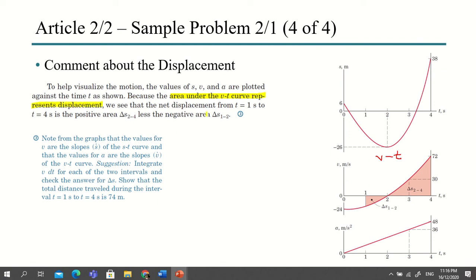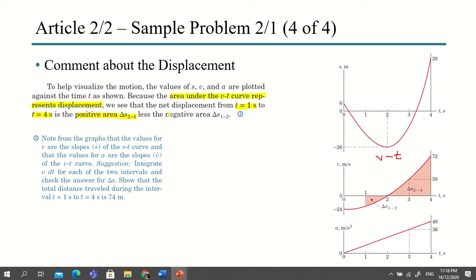So we see that the net displacement from t equal to 1 second to t equal to 4 seconds is just the positive area, the delta s from t equal to 2 to t equal to 4, less the negative area.